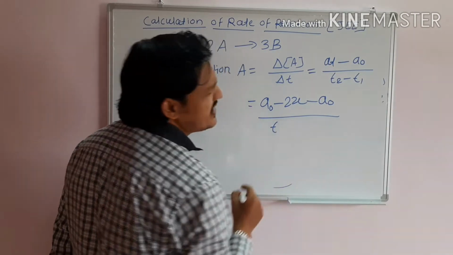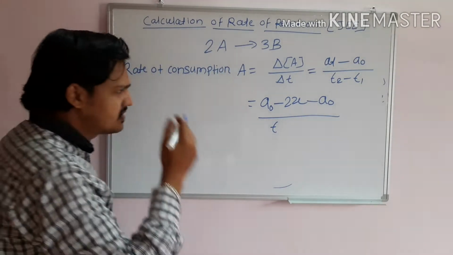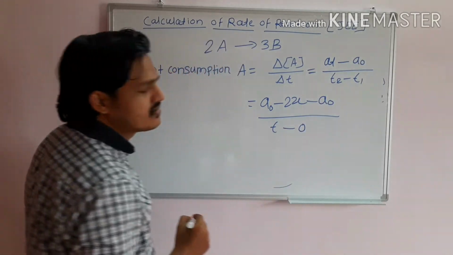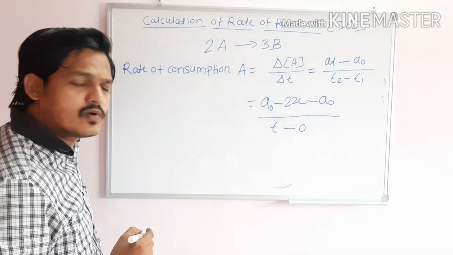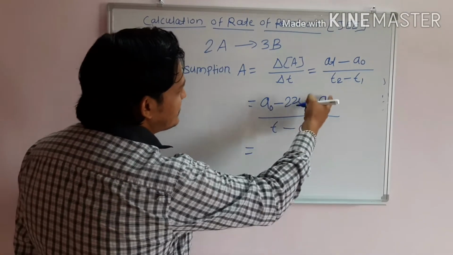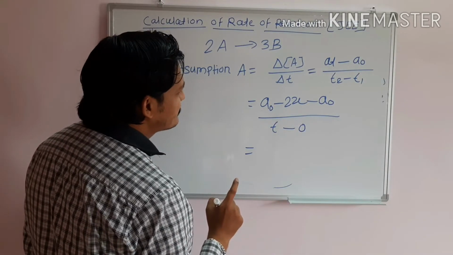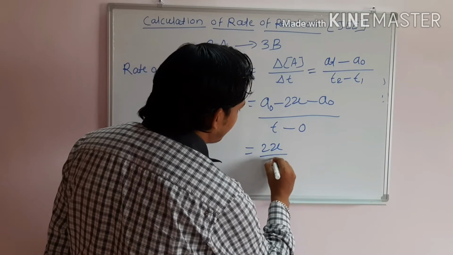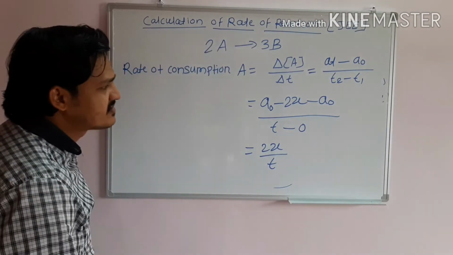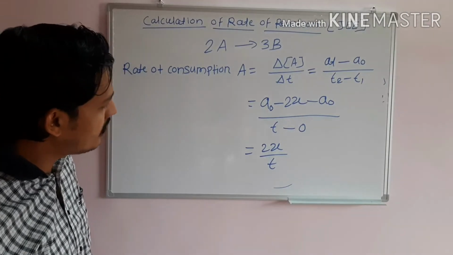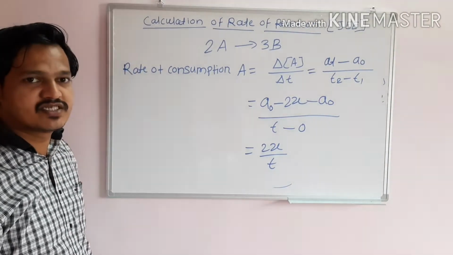T2 is equal to t, because time is 1 hour, 2 hours. Then minus the initial time, which is equal to 0. Now A0 and A0 cancel out. So what is the final answer of this equation? Twice x by t. Okay, please take a screenshot of this equation.